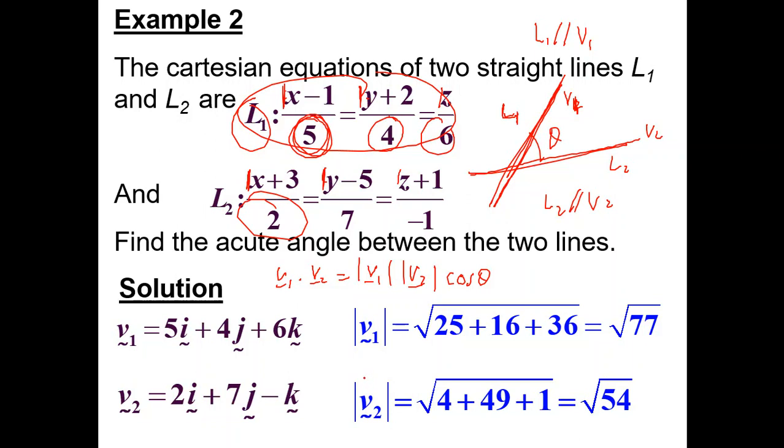To find the modulus, you need to square all these components: 5 square plus 4 square plus 6 square. Do the same thing for V2: square 2, 7, negative 1. You get root 77 and root 54.